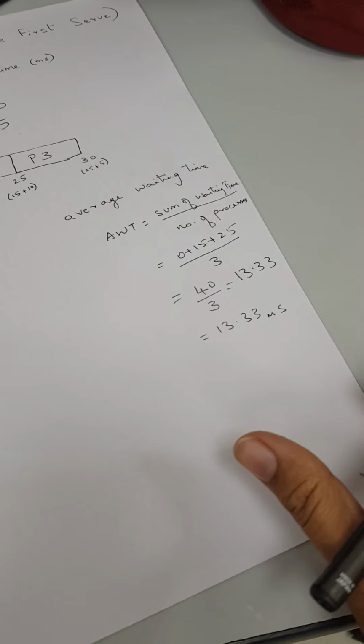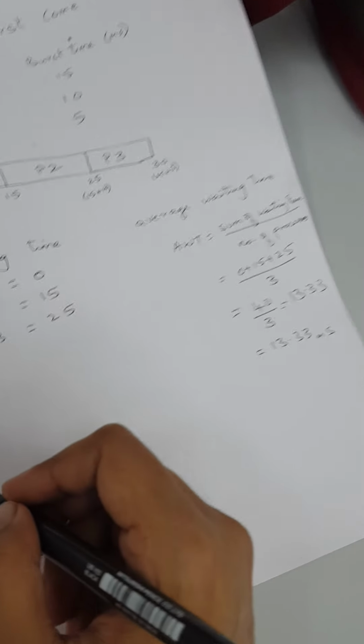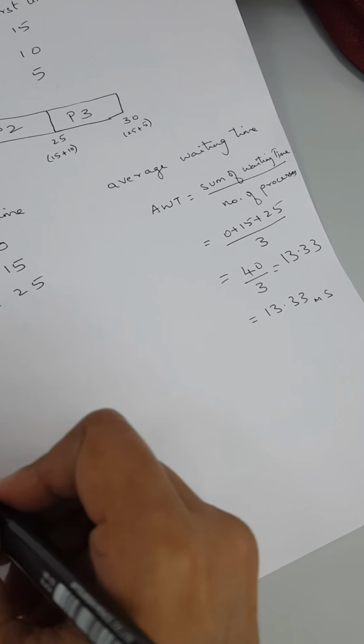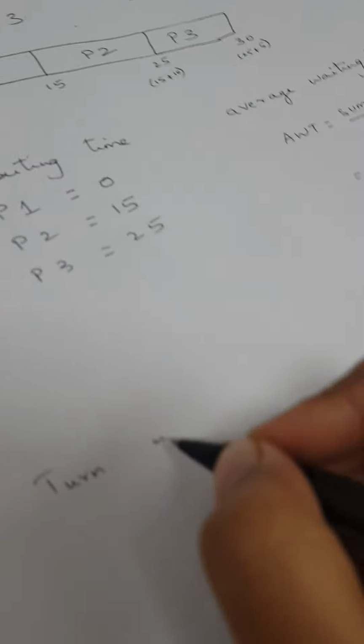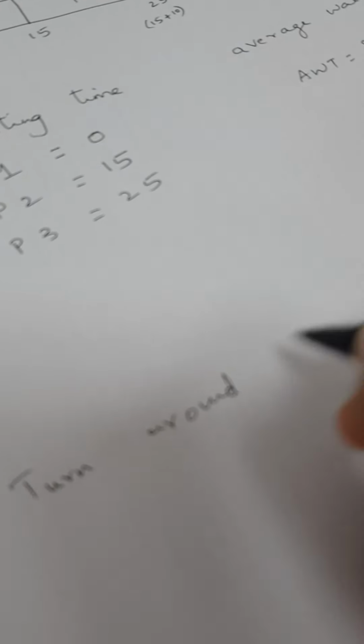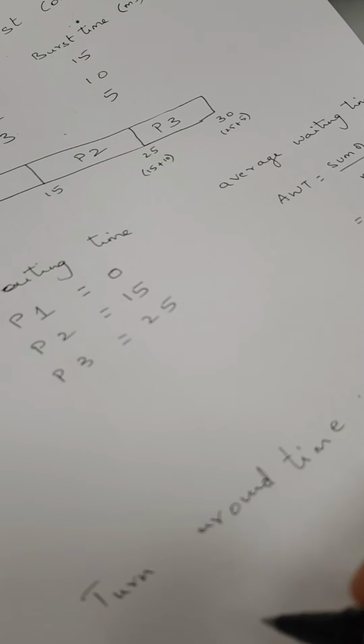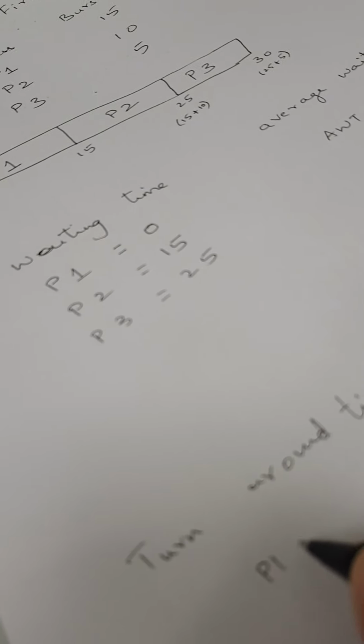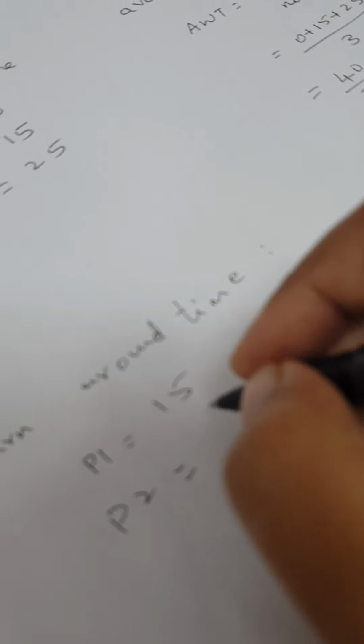Okay, so this is our waiting time. Also, if we want to calculate the turnaround time: for the turnaround time, of course P1 finishes at 15, P2 finishes at 25, and P3 finishes at 30.